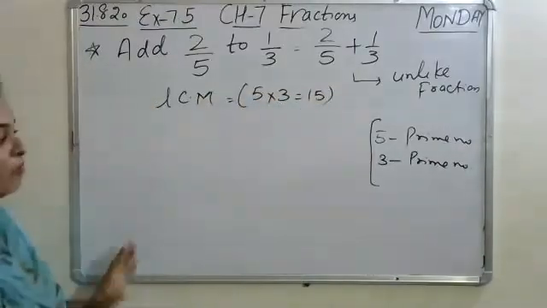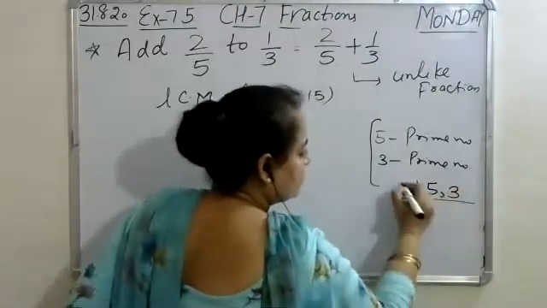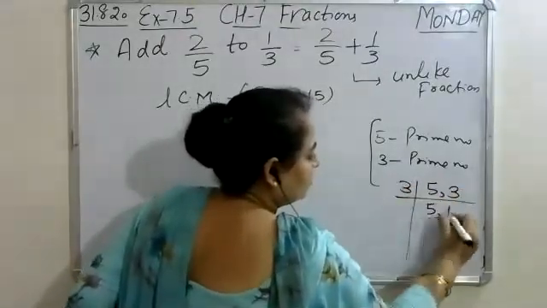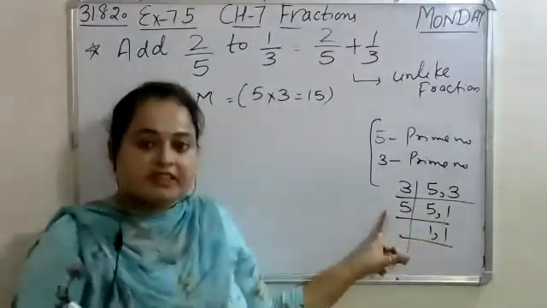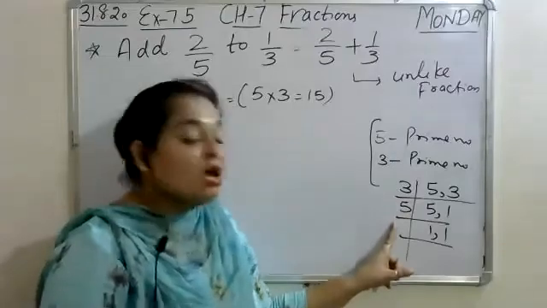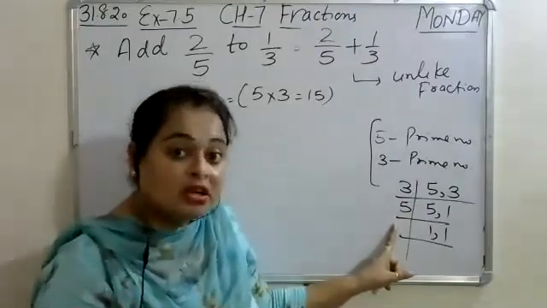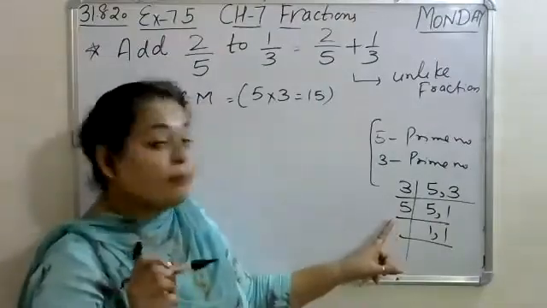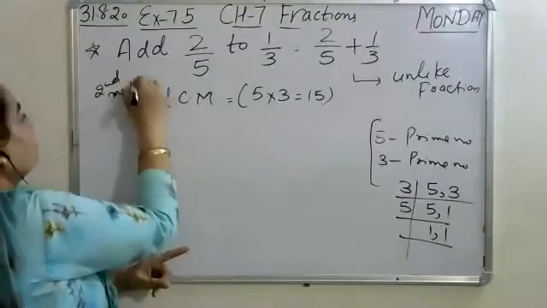This is one method. One method is prime factorization. What is the name of this method? The name of this method is the prime factorization method. And for primes, the second method is this. This is the short method, the second method.